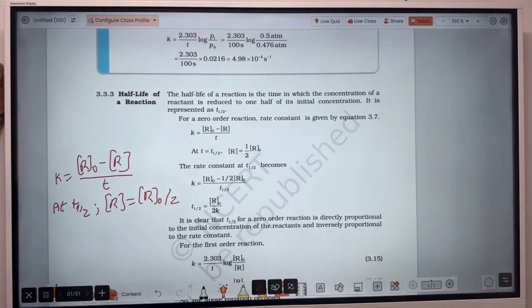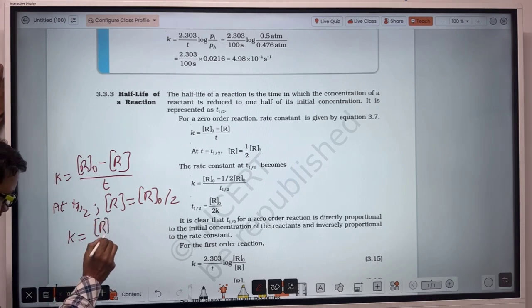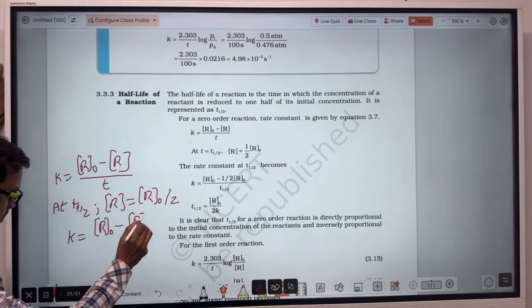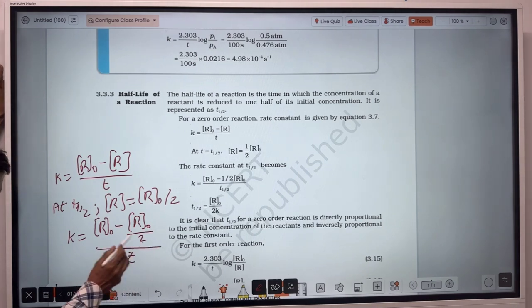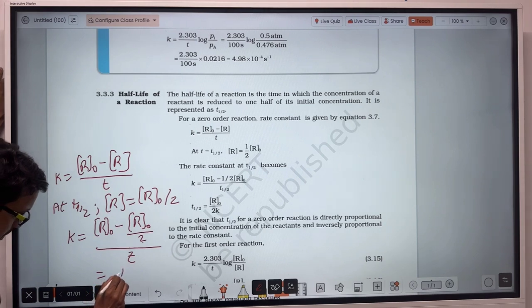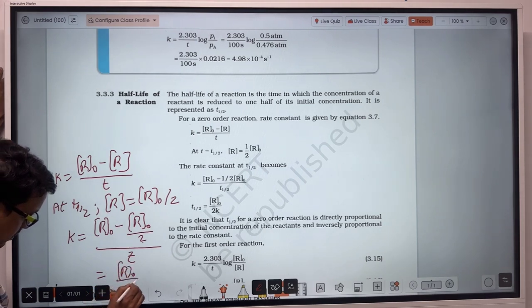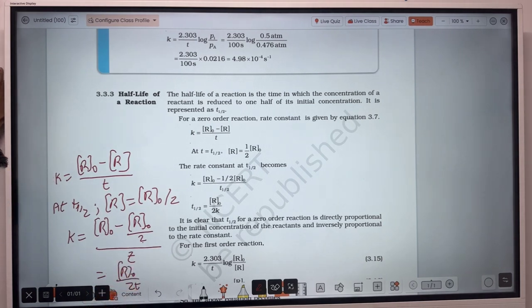So the rate constant will be equal to R naught minus R naught by 2, that whole upon t half. So that equals R naught by 2 t half.